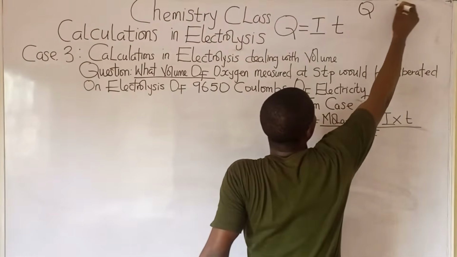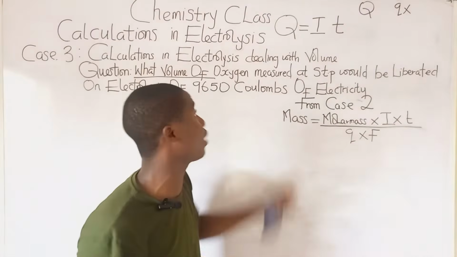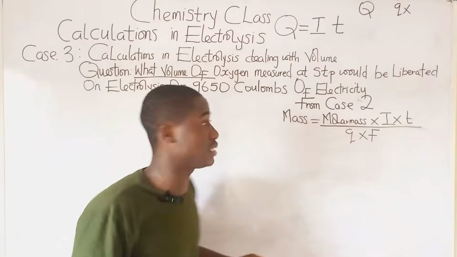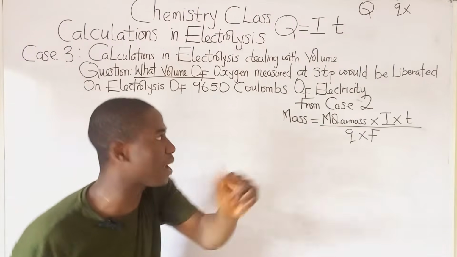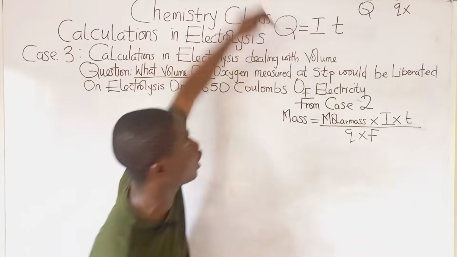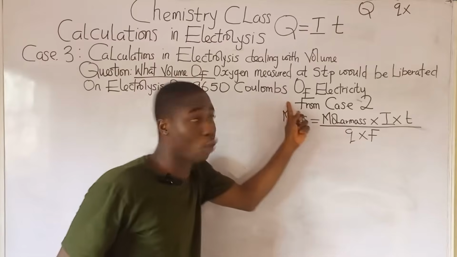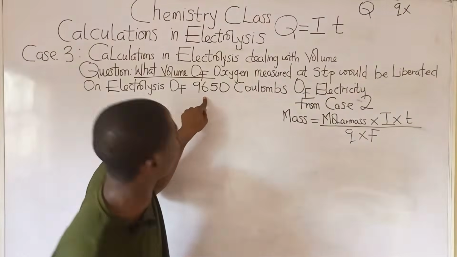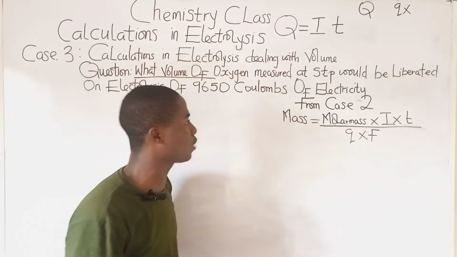And capital Q is different from small q. This one means charge of element, while this means quantity of electricity, and it is expressed in coulombs. So this will now come to your mind that this particular value I'm seeing, what is it called? Quantity of electricity, because I said now that quantity of electricity is expressed in what? Coulombs. So definitely this number I'm seeing here is this particular value, which is Q. Now we are coming, we'll solve the question together.